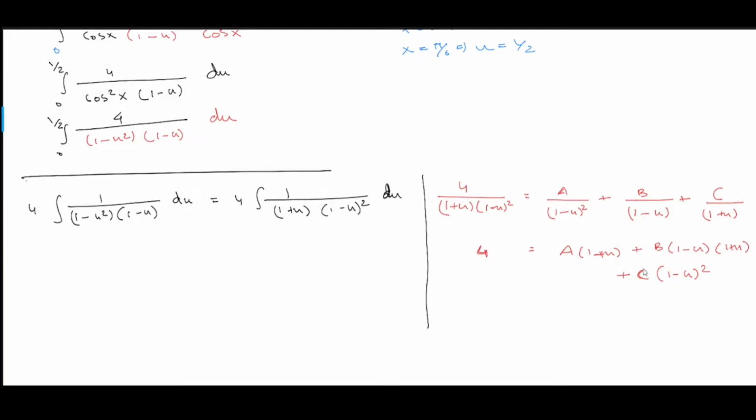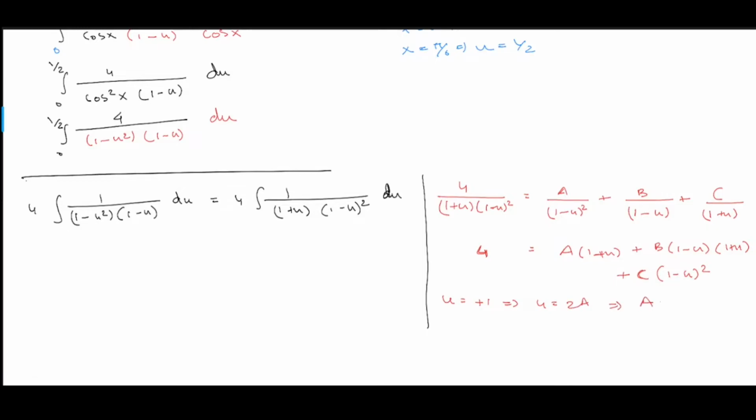One thing we could do is multiply this out in terms of u square, u and constants, and find the values of A, B, C. That's kind of tedious. So I'm just going to substitute different values of u and find the values. Put u equal to plus 1, we have 4 is equal to 2A.